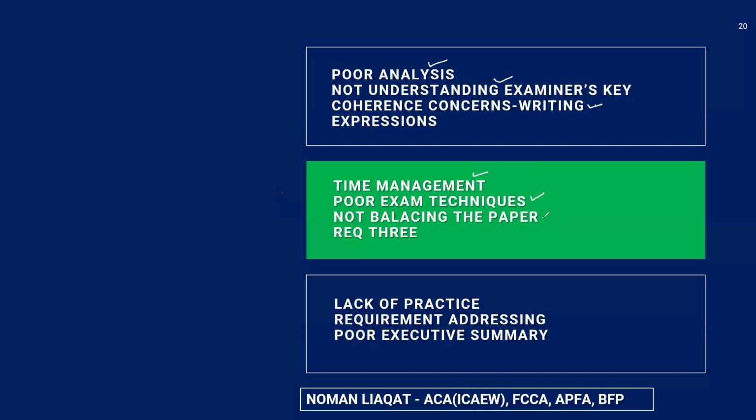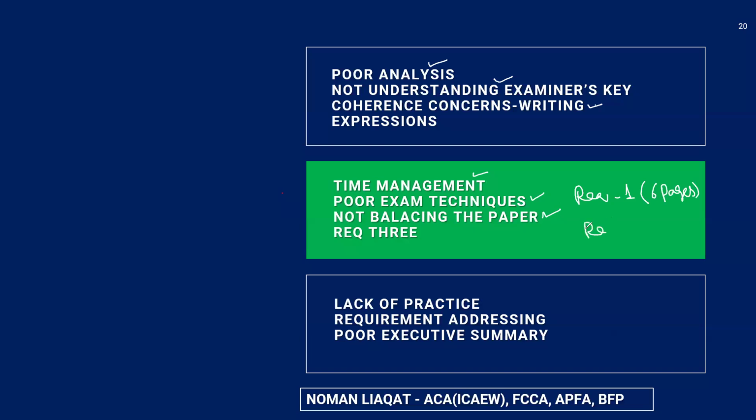Not balancing the paper. Yes. Not balancing the paper means you write too much for one requirement, but you do not write the same amount for the other requirement. For example, in requirement 1, you wrote, let's suppose, 6 pages.